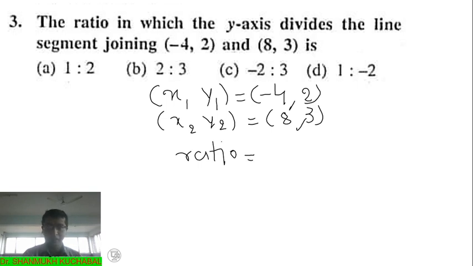The ratio: on the y-axis, the x coordinate will become 0 in the previous formula, so we get minus x1 divided by x2.